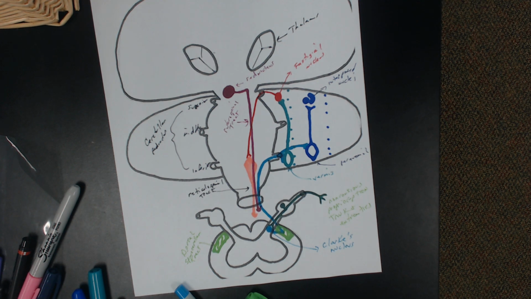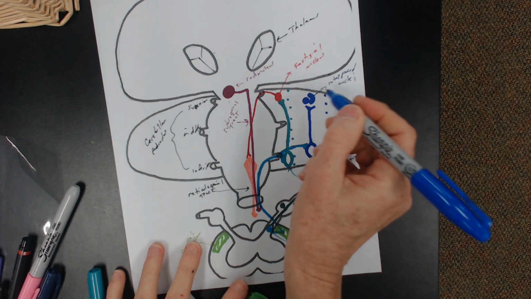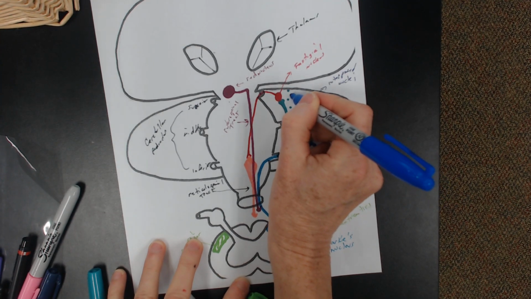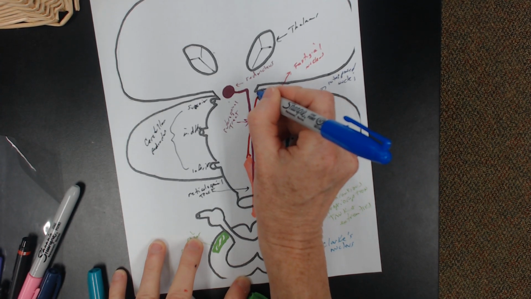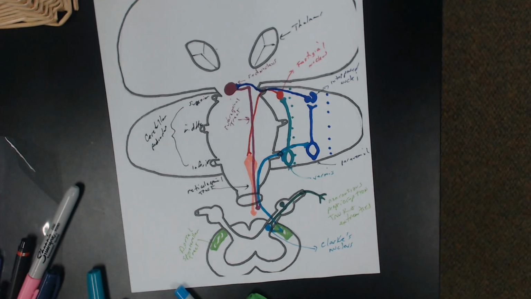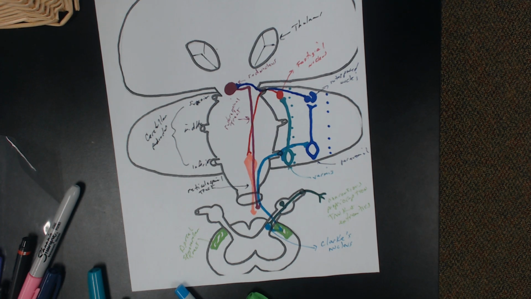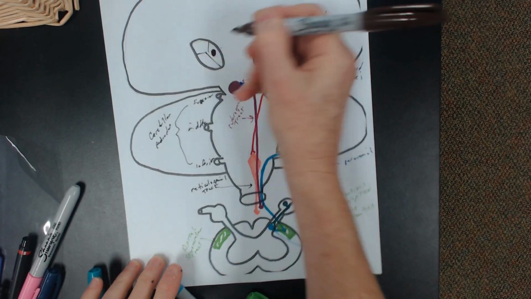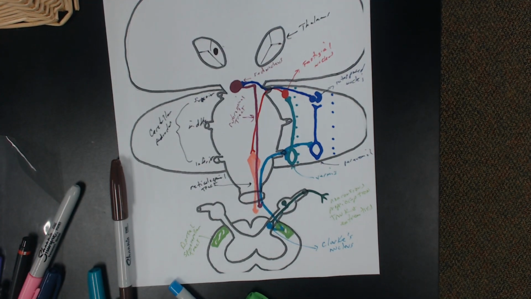Then the interposed nuclei are going to send out two different axons. One is going to go through the superior cerebellar peduncle and synapse with the contralateral red nucleus, and that affects muscle tone.